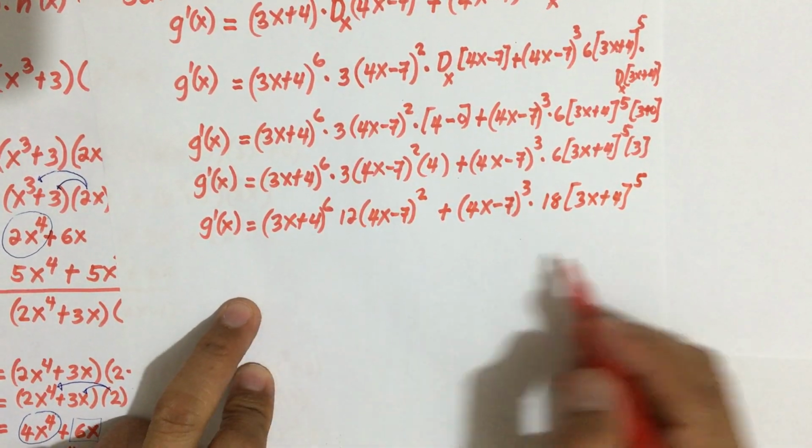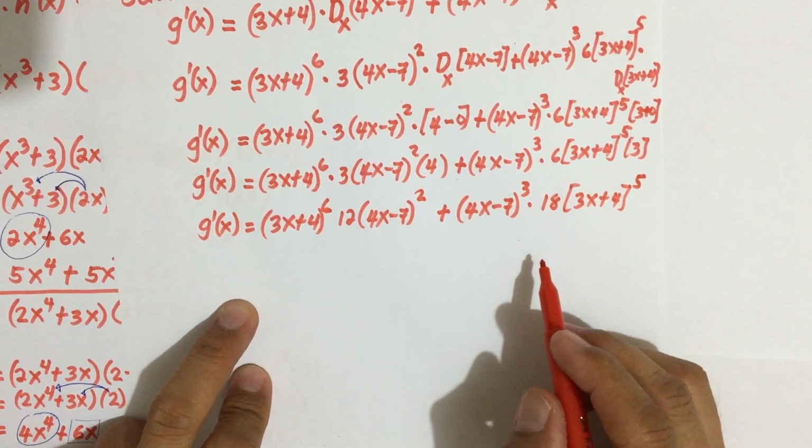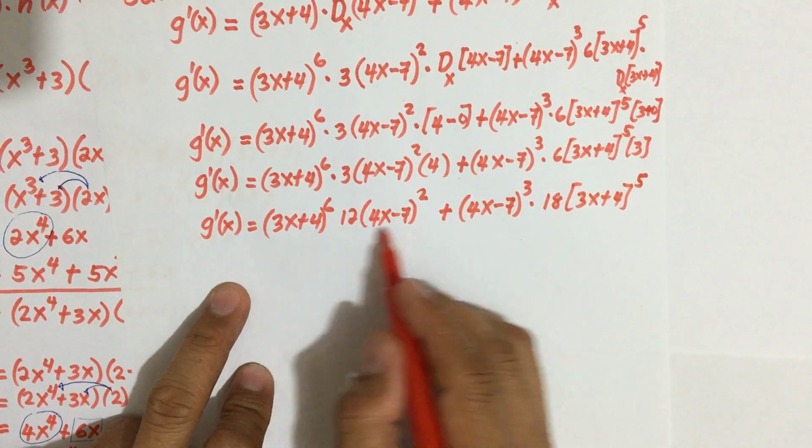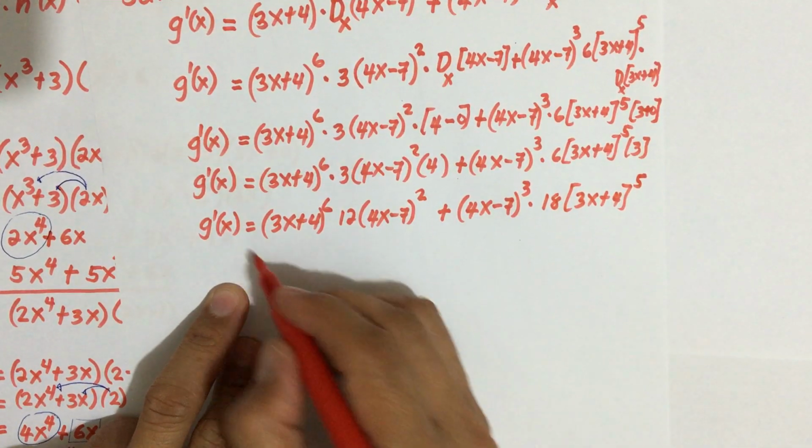Okay, and then simplifying this, rearranging, so this is multiplication, so you can write the constants first.